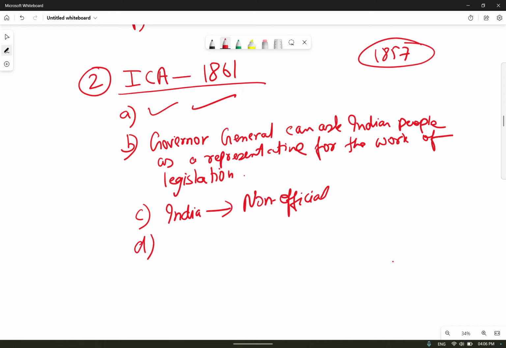Another important point: it decentralized the legislative power of the Governor General's Council and vested it in the governments of Bombay and Madras. What happened through this act?